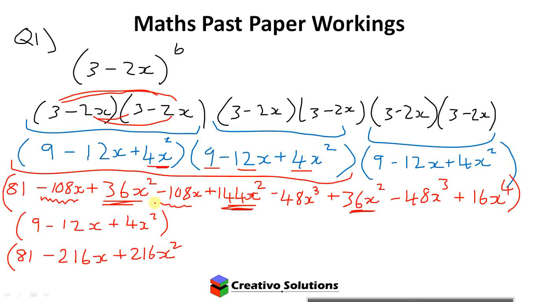Okay, so x squareds I've done. X to the 3's, I've got 2 of them. So 96 x to the 3. And then I've got 1 x to the 4. Okay, so there's the bracket neatened up.